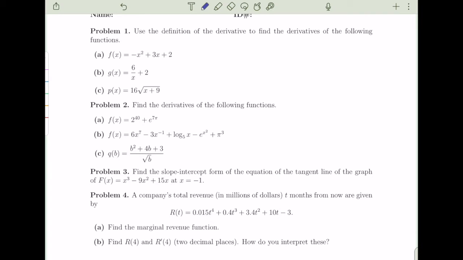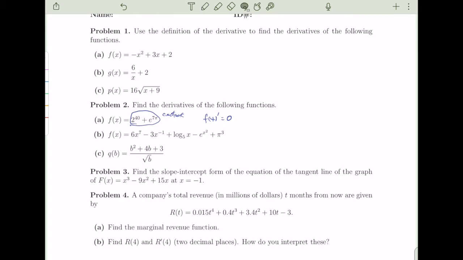This e is a constant, 7 pi is a constant, so this whole number is a constant. And we know that the derivative of any constant is equal to 0, so it's 0. Even though it's a complicated number, as long as it's a constant, its derivative is always 0.